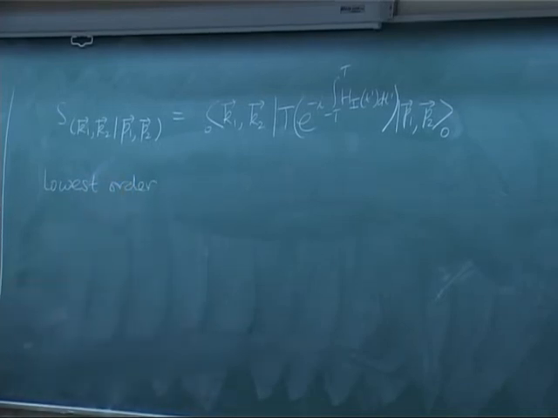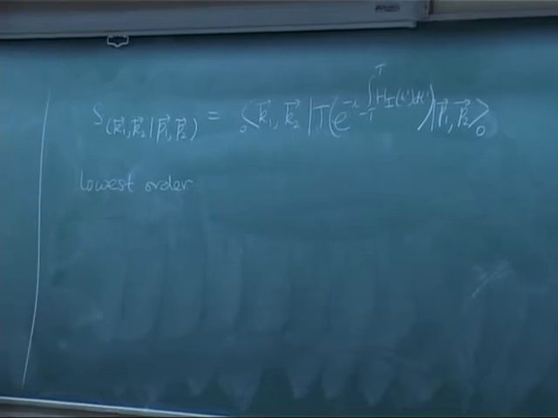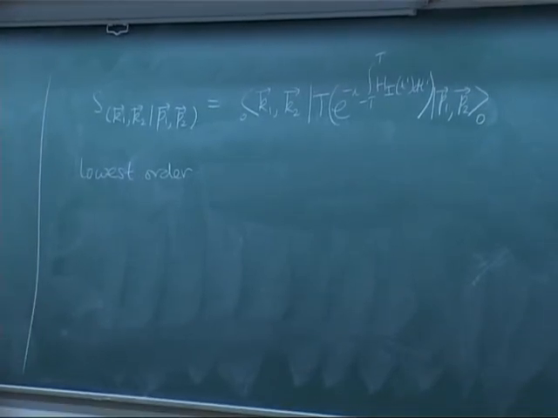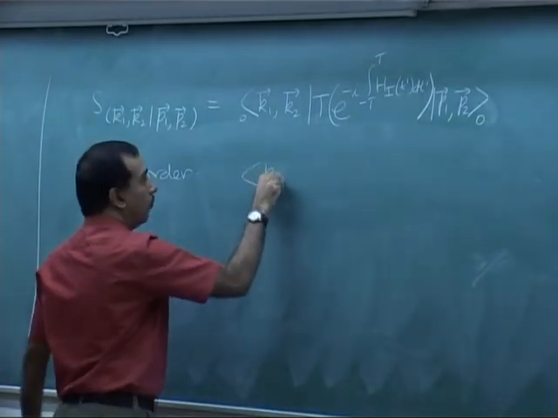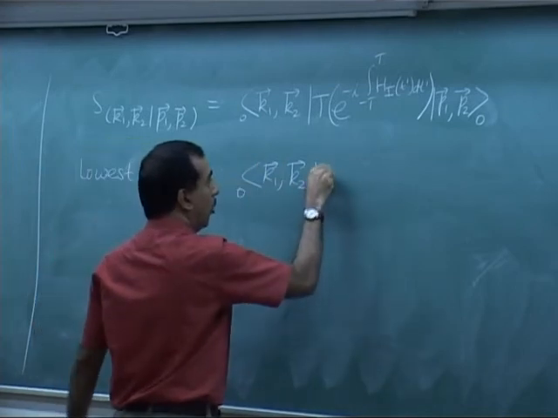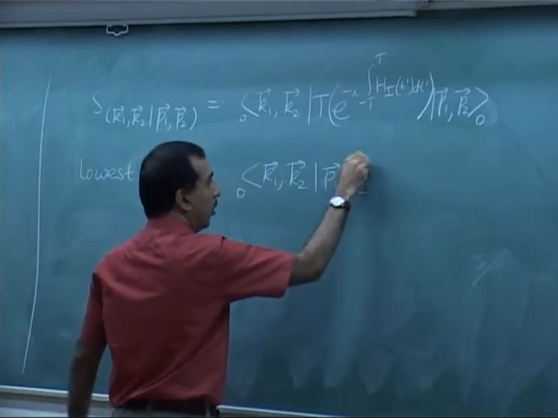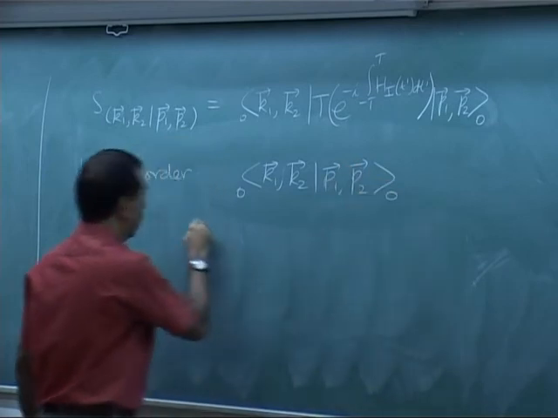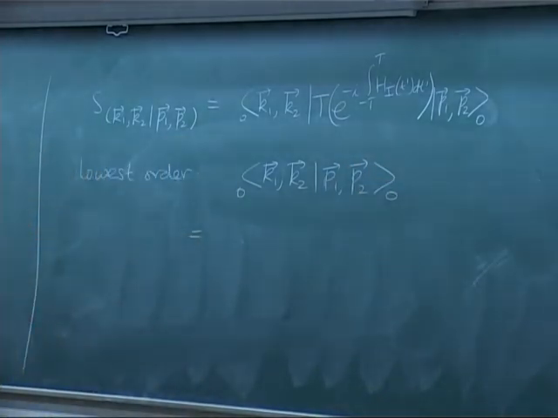To lowest order, what should I do with the middle thing? Just replace it by 1. So it's the overlap of the free state K1, K2 with the free state P1, P2, and this calculation is given in my notes.